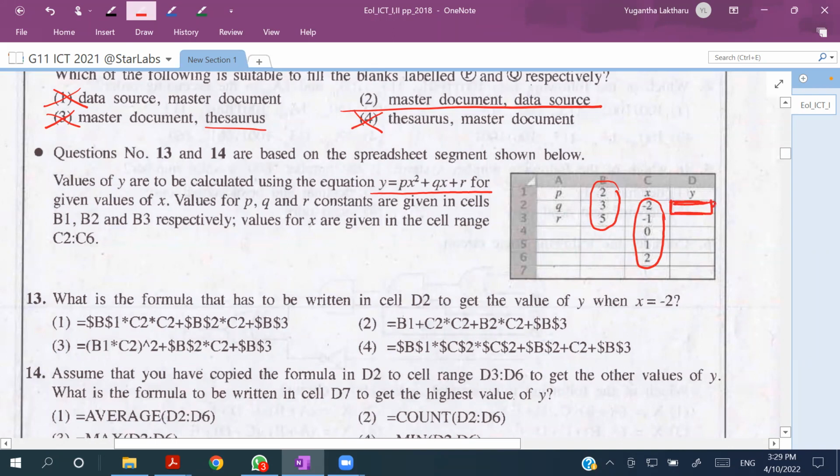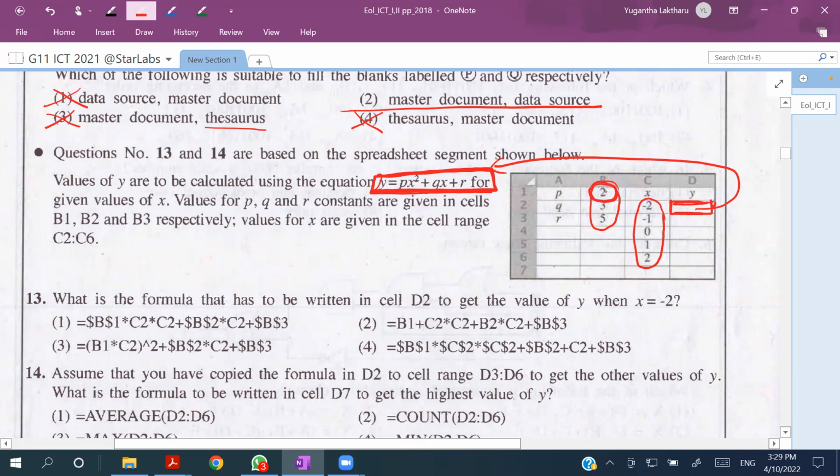So we can use this equation to figure out the formula that we need to write inside cell D2, right? P's value is in B2, I'm sorry, in B1.